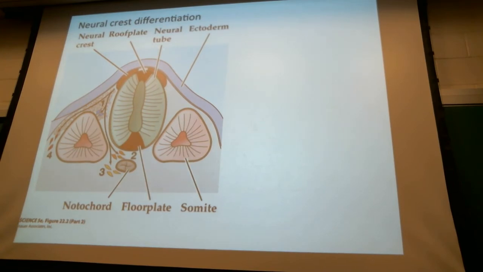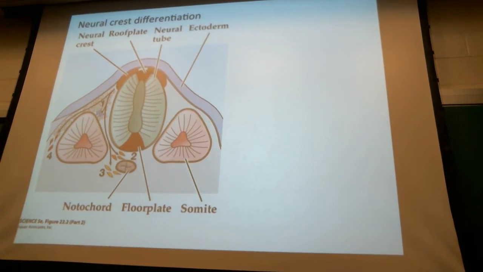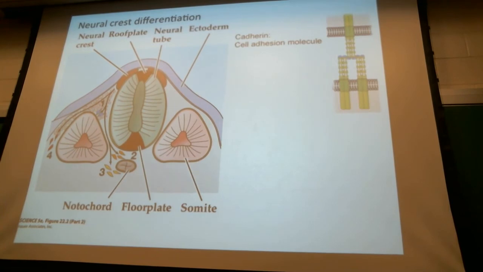But neural crest cells are actually here and sticking to each other through this molecule called a cell-cell adhesion molecule, cadherin. So when they are ready to migrate out, they don't want this strong cell adhesion. So they sort of want to break the connection to each other. And actually they do. When they're ready to differentiate and migrate, they turn down the expression of cadherin.